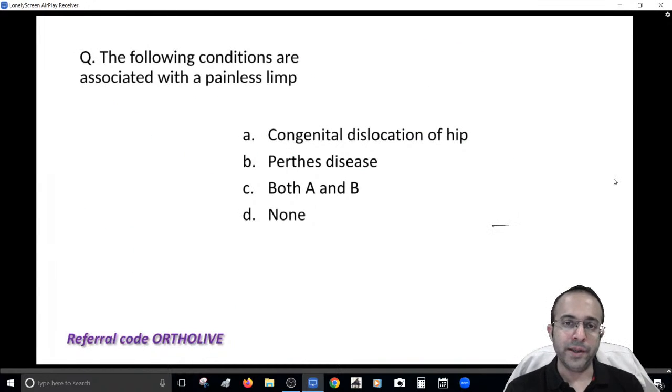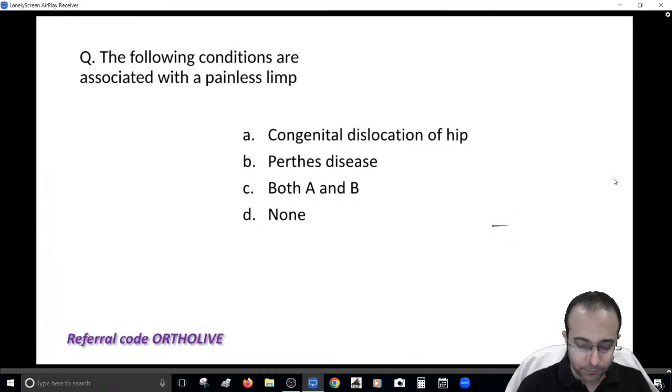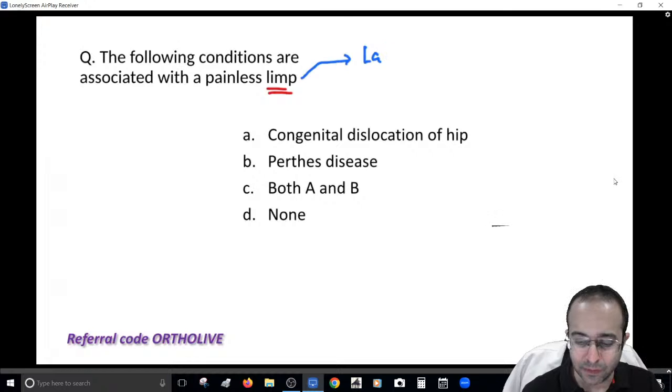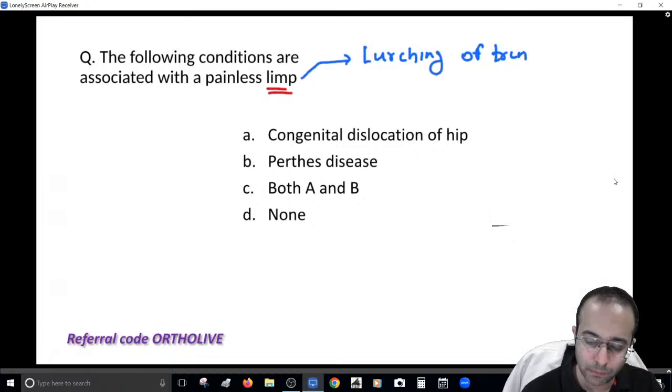Okay, and one last question before we end up the class. The conditions that are associated with a painless limp. Limp basically means lurching of trunk as you walk.